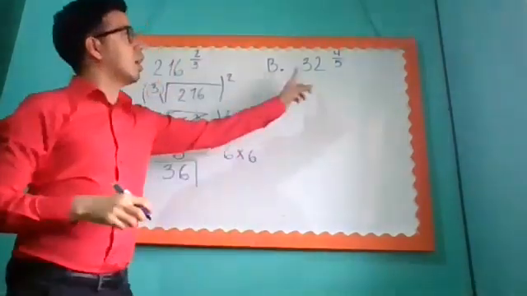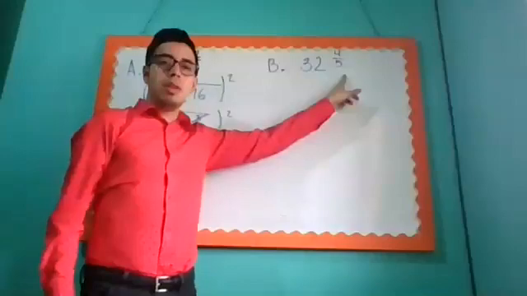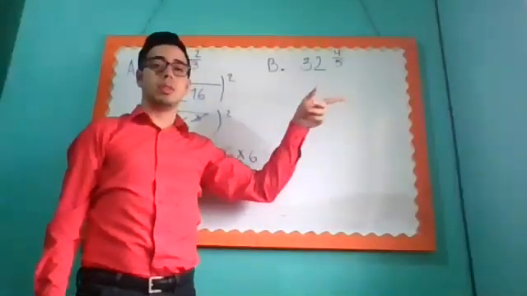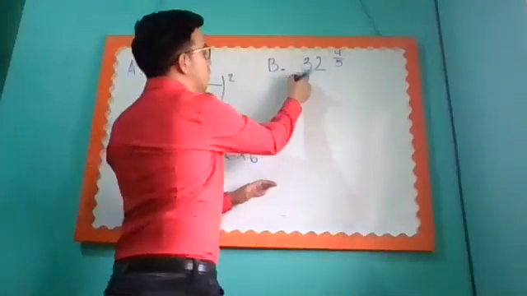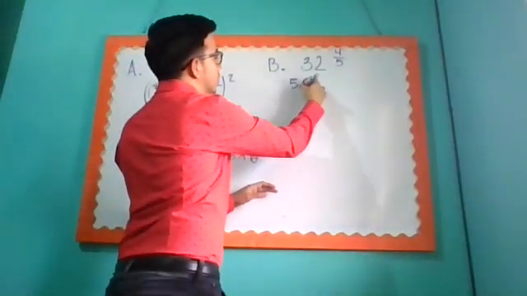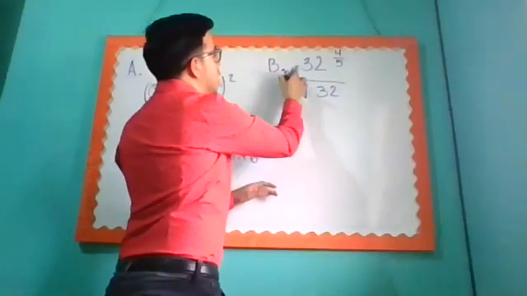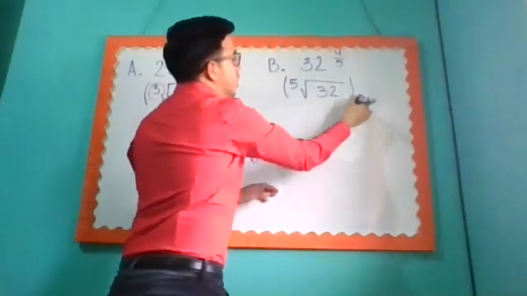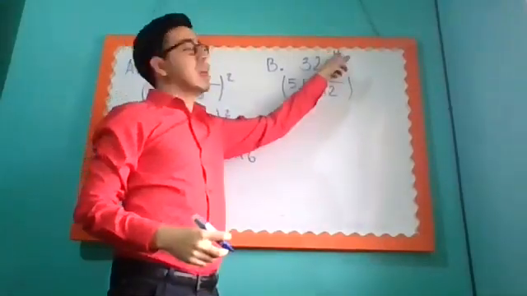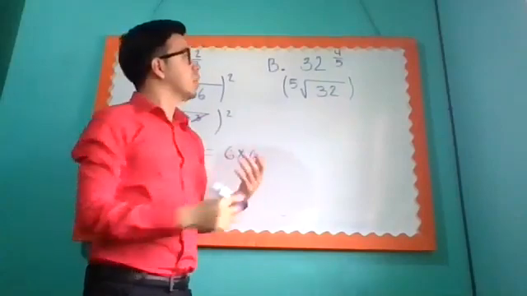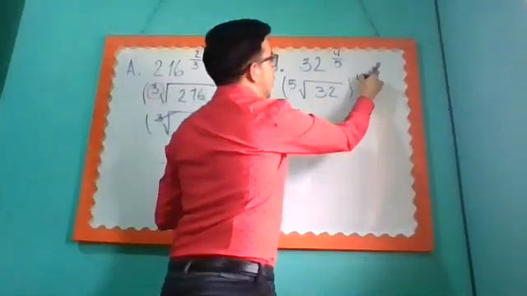Okay, so again, the denominator is going to be the index of the root, so it's the 5th root of 32, and this is inside parentheses because we need to write the exponent that is going to be the numerator of the fraction. So to the power of 4.